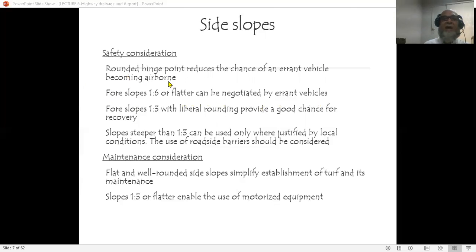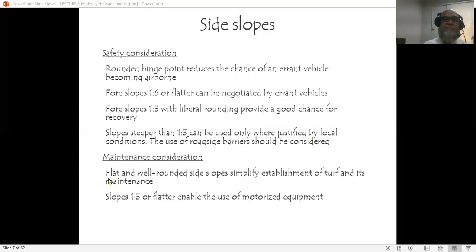So in order to have this errant vehicle control, a side slope of 1:5 or 1:6 is always recommended. Then there is a 1:3 slope with liberal rounding, which provides a good chance for recovery. Slopes steeper than 1:3 can be used only when justified by local conditions. The use of roadside barriers should be considered.